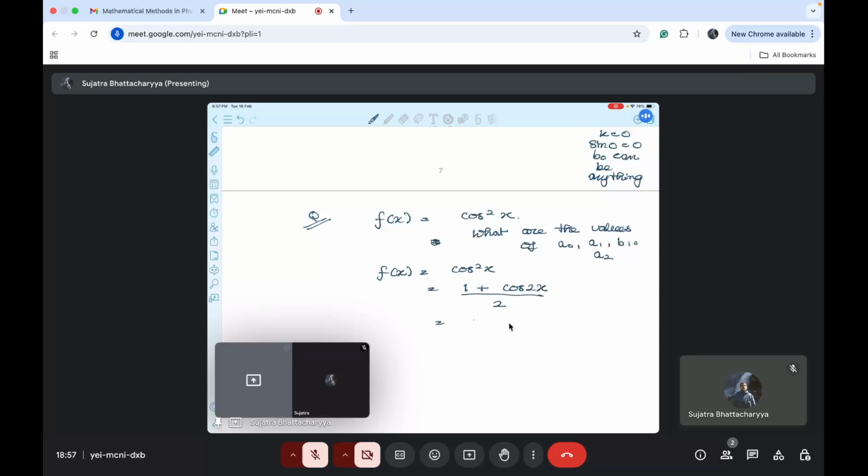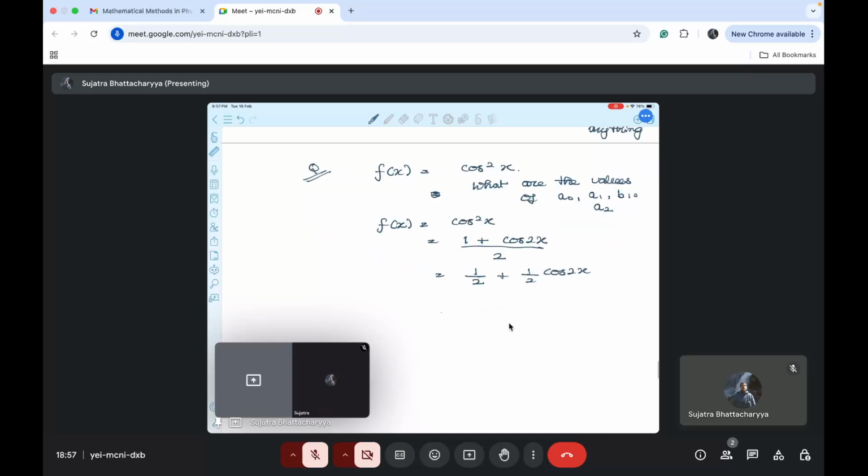So this will be half plus half cos 2x. So a naught will be equal to half. a1 will be equal to 0, because there is no cos 1x term. And a2 will be equal to half again. And b1 will be what? Nothing is there, no sine terms, so it is not there.